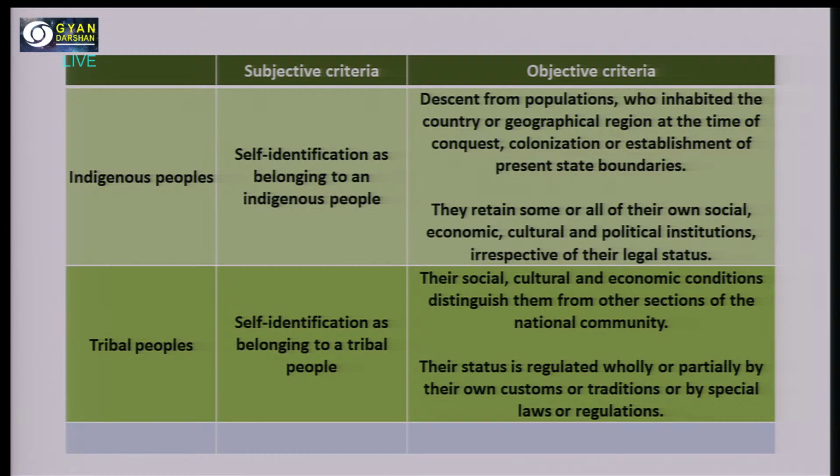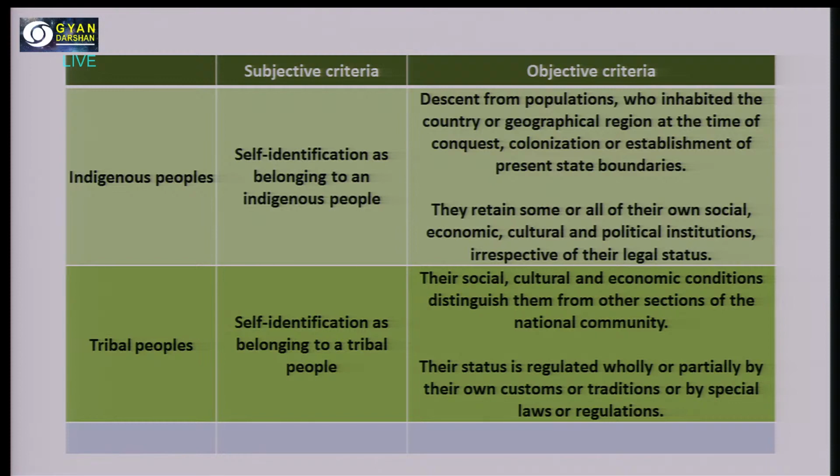When you look at the objective criteria for indigenous people, we have descent from populations who inhabited the country or geographical region at the time of conquest, colonization, or establishment of present state boundaries.